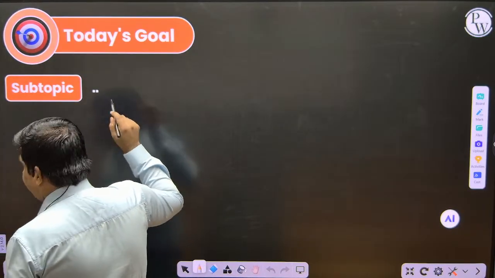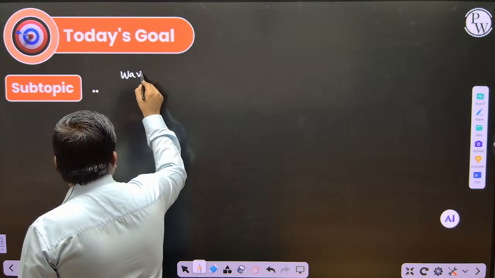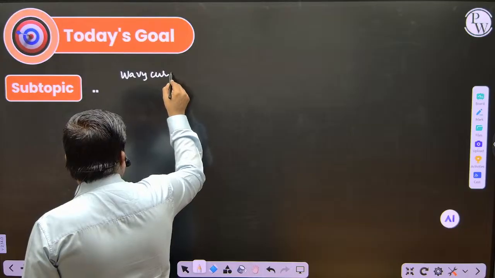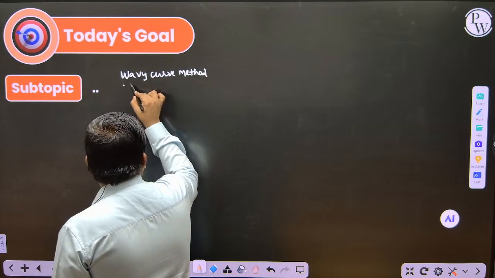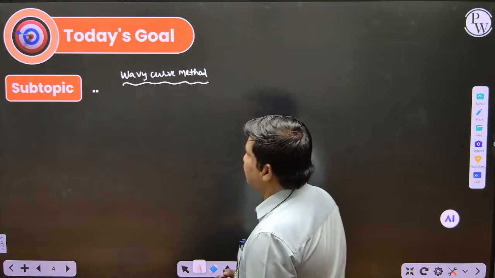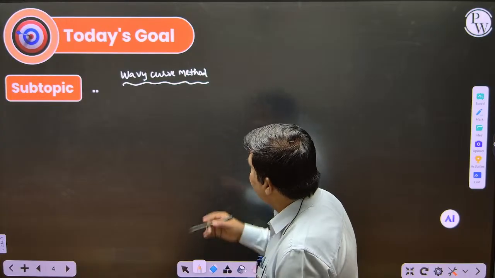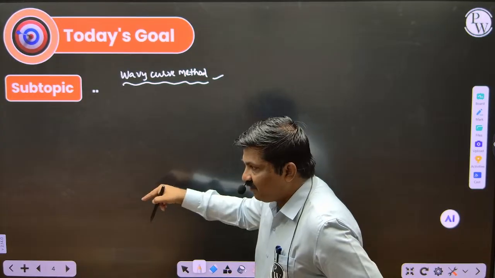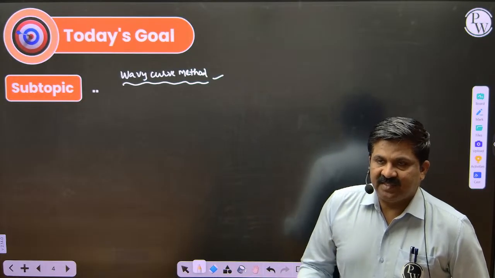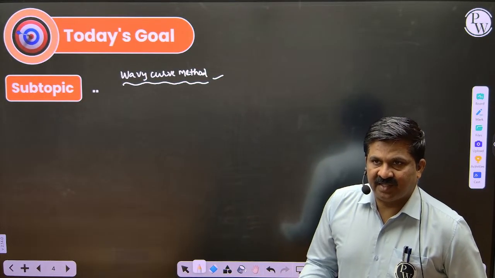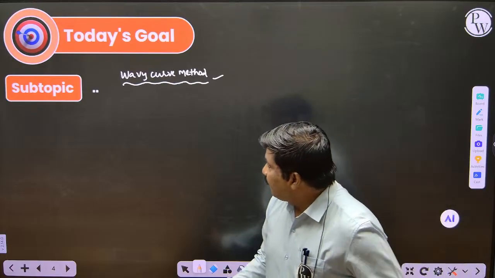Now just look here. What is the method of the wavy curve method? I have already told you that we can use the wavy curve method for inequalities of the form f of x by g of x less than or equal to 0, greater than or equal to 0, less than 0, or greater than 0. Now what is the method?